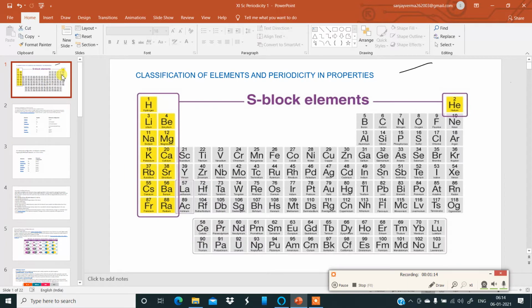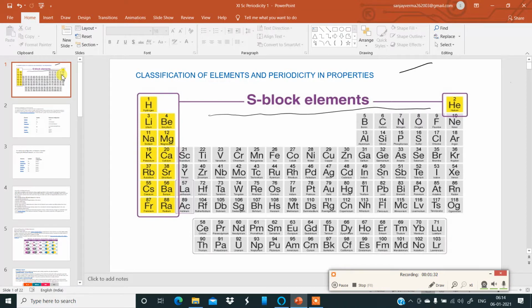Now, as I was talking about the S block elements, the outermost electrons of these S block elements enter the S block.